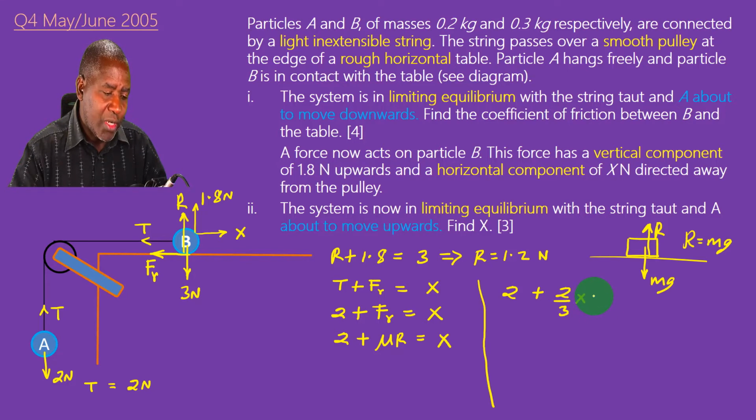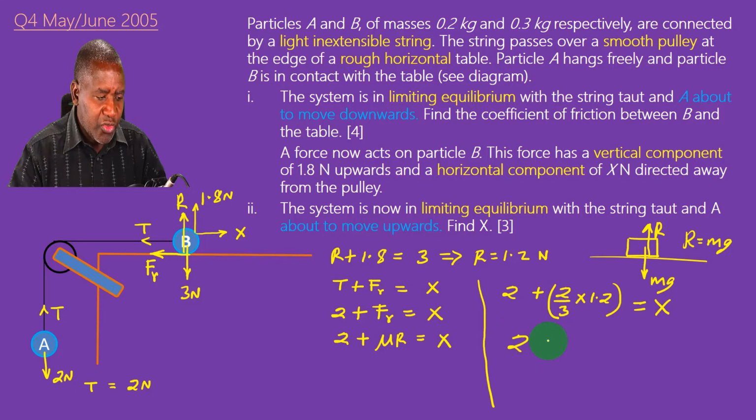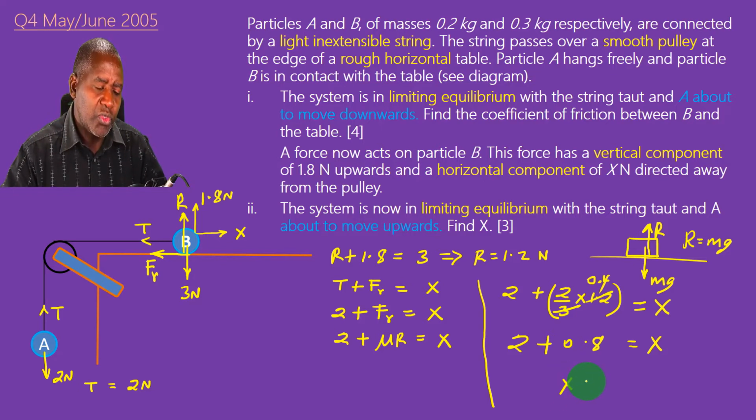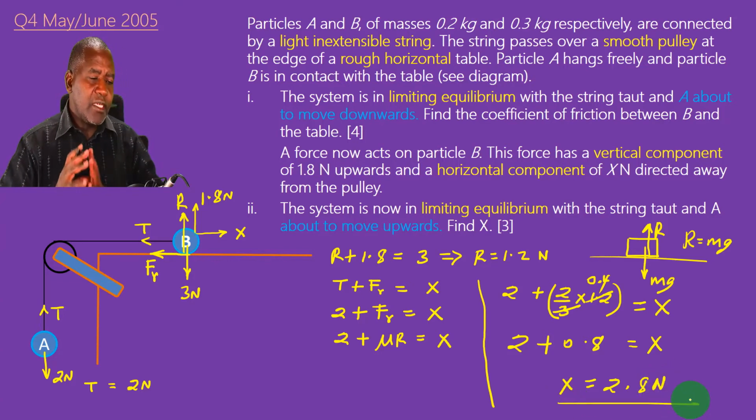And here we've got R is 1.2, and this should give us X. So this is 2 plus 0.4, which is 0.8, equal to X, and X is equal to 2.8 newtons. As neat and as simple as that. Just go through the motions.